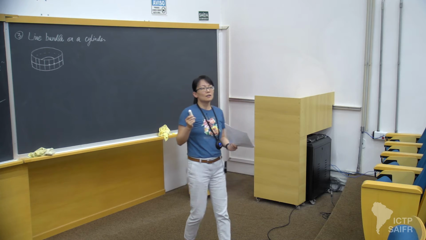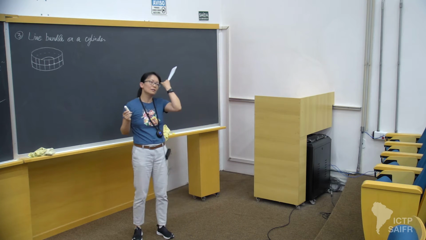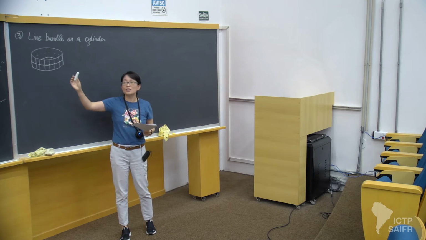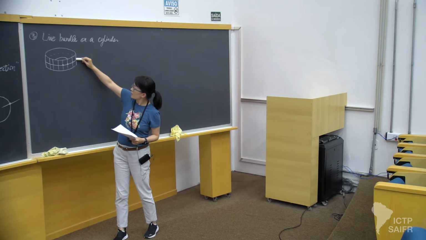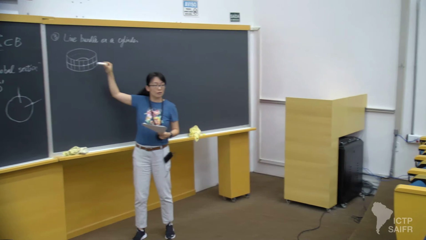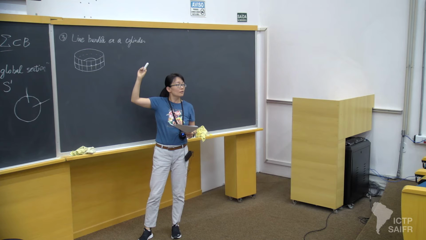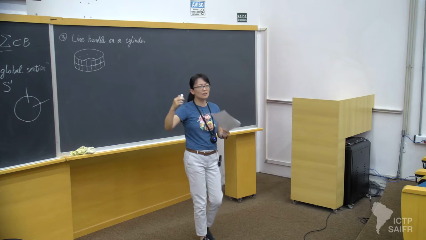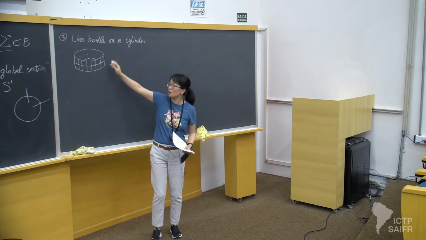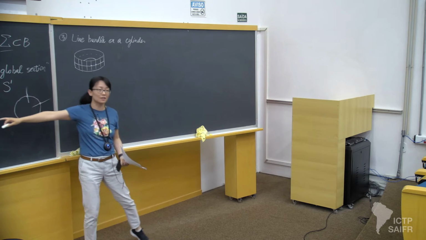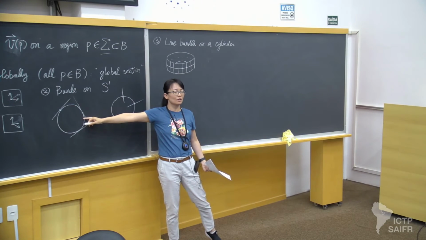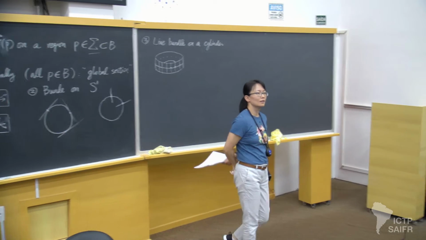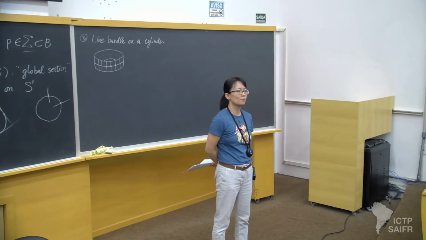What's the difference between a bundle on S1 and a bundle on the cylinder? Yeah, that's a very good question. So here, my base space is this circle. Let me repeat the question. If I understand you right, you're asking what's the difference between this case and this case, right? If you have S1, just a circle, then you grow the fiber, you get the cylinder.